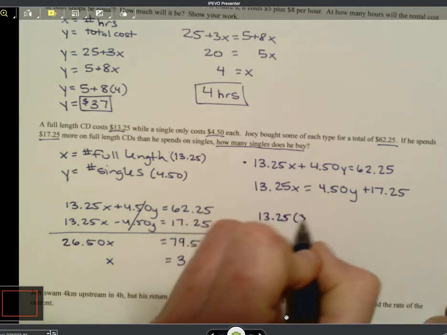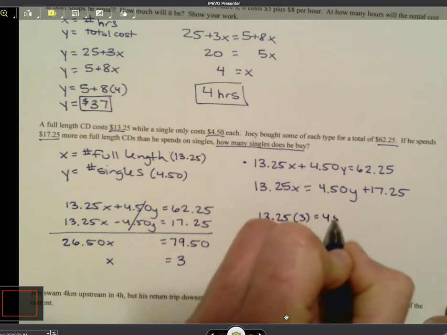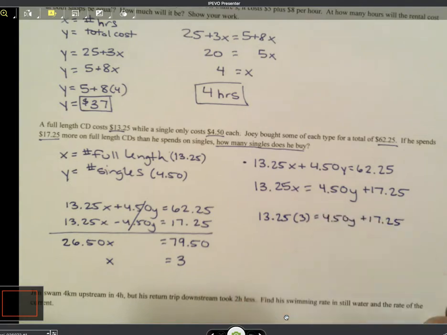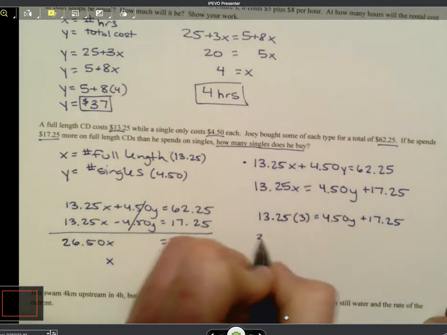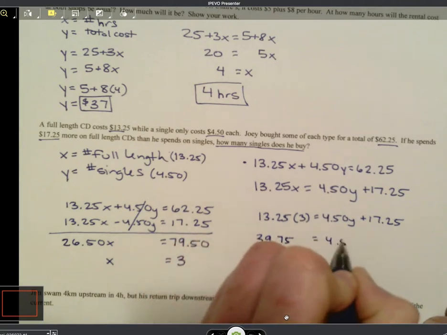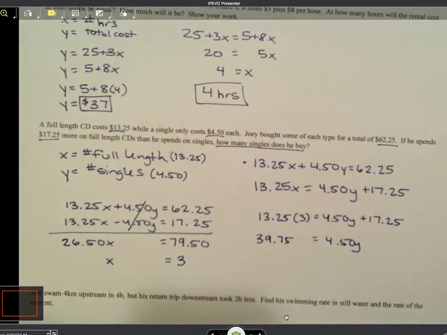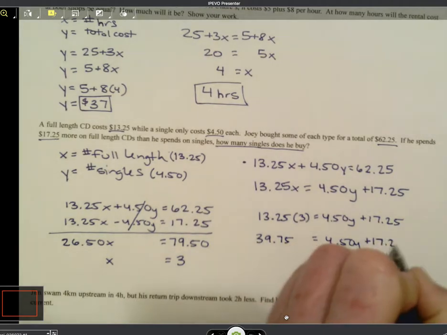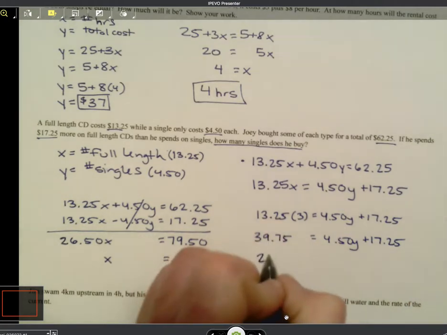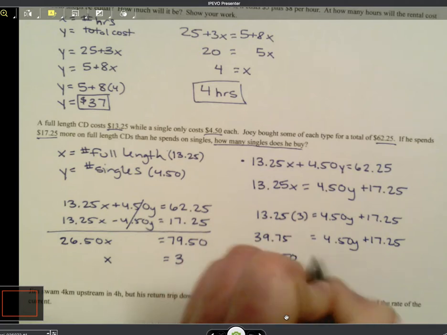1325 times 3 is going to be 3975. We're going to subtract 1725 from both sides, so this is 2250.